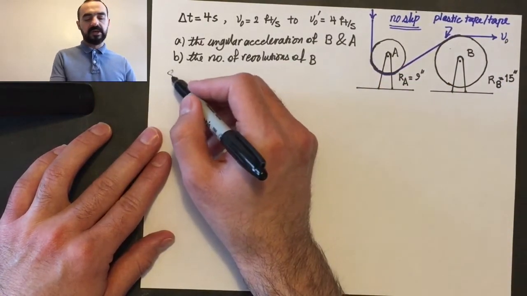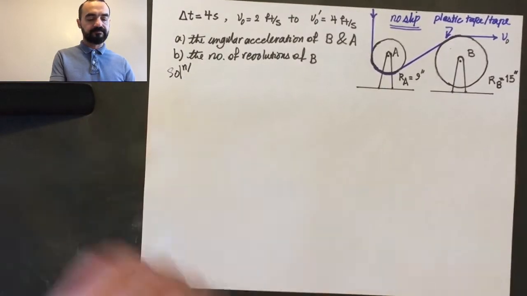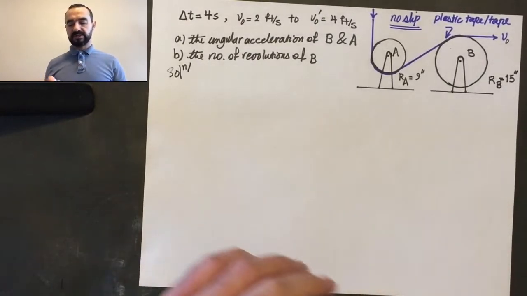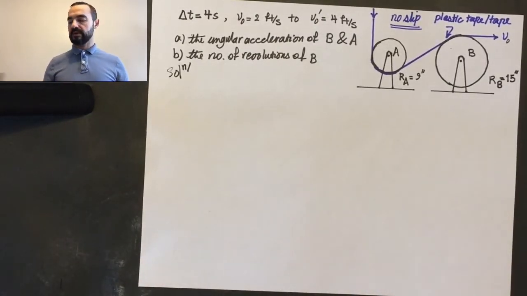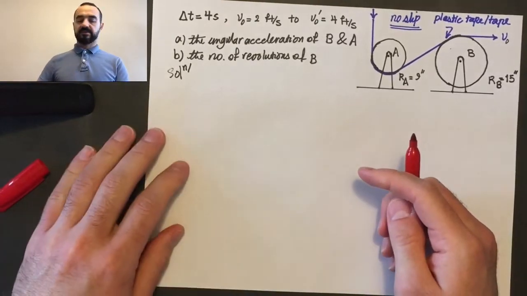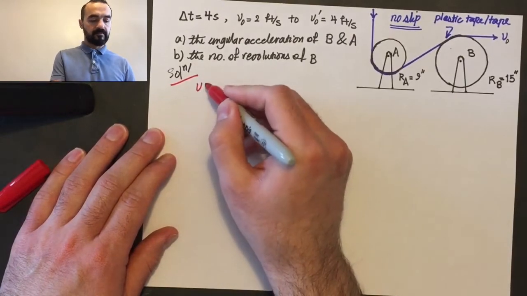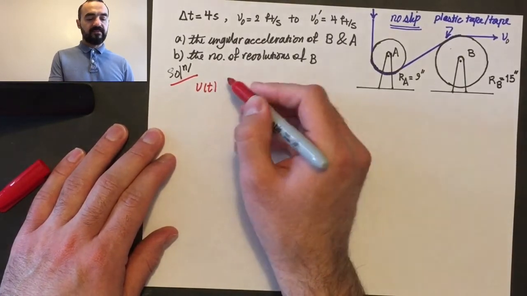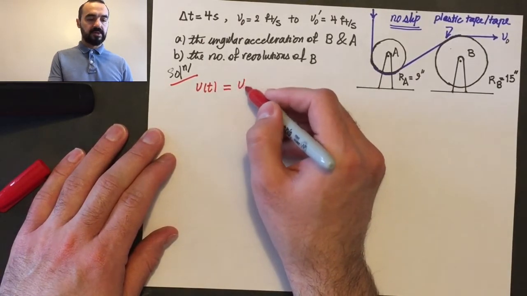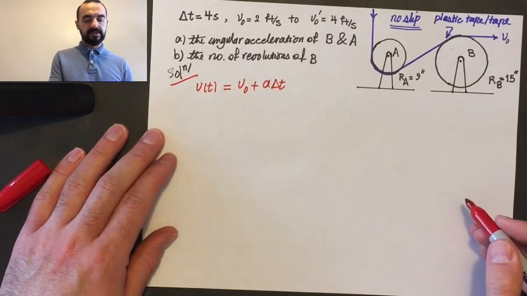We have this fundamental relationship between velocity and acceleration: v at time t is v0 plus a delta t.